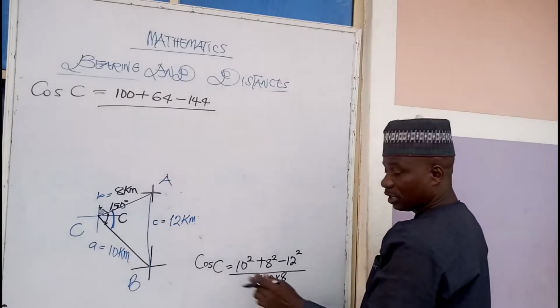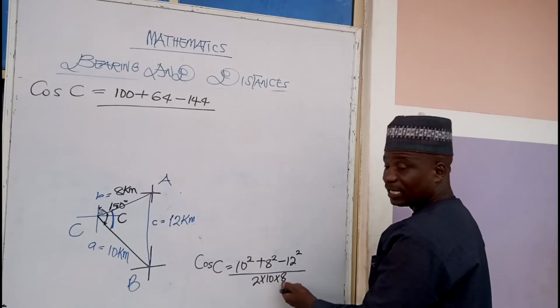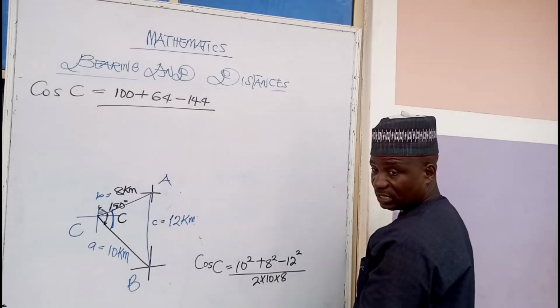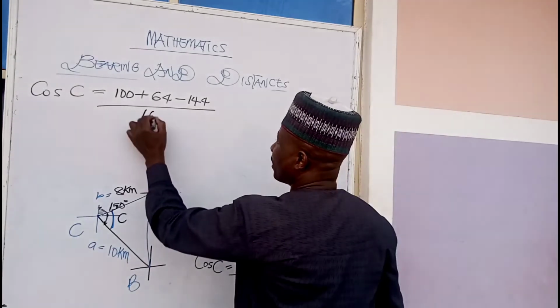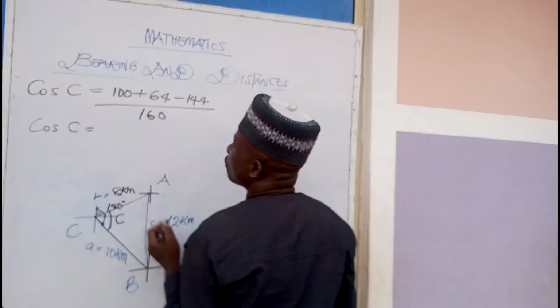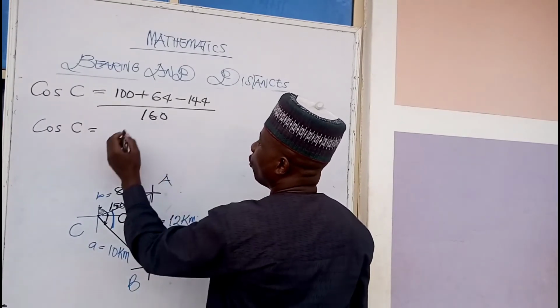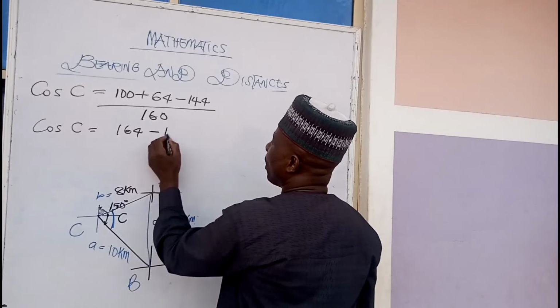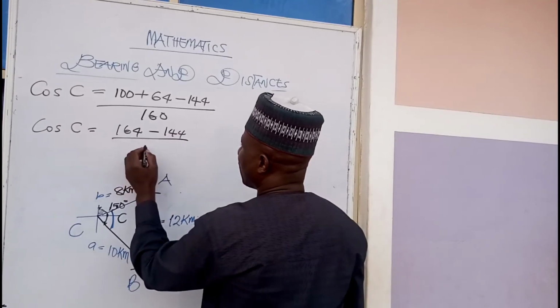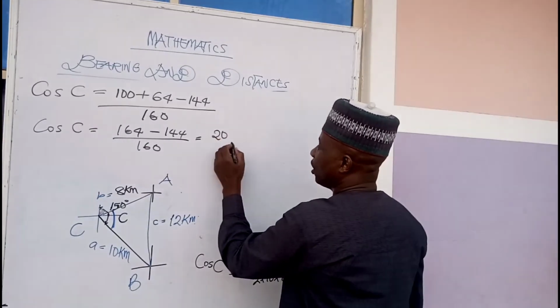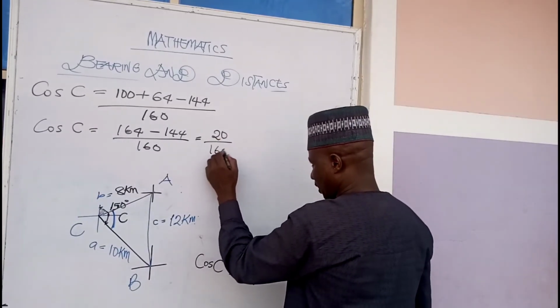This one is, if that one is difficult, just say 8 times 10. That is 80 times 2, that's 160. So, over 160. So, we now have cos C is equal to 164 minus 144 all over 160. And what does that give? That is 20 all over 160.